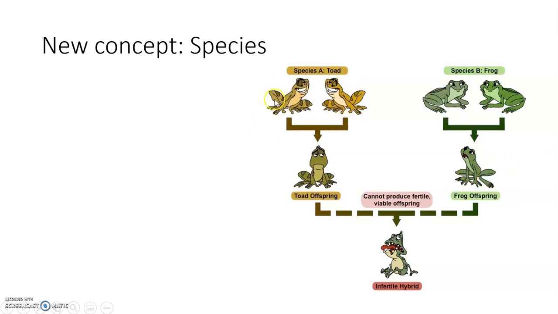The two toads can mate, produce fertile offspring. But if a toad meets a frog, they might be able to mate and produce offspring, but that offspring would not be fertile and would not be able to mate and produce offspring. So the definition of a species, again, two organisms belong to the same species if they can interbreed and produce fertile offspring.